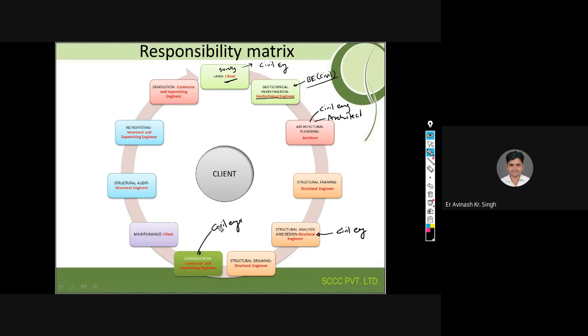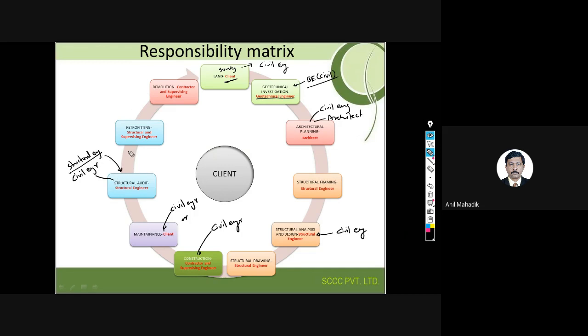Maintenance, there may be a civil engineer or there may not be. It depends what kind of maintenance activity is required. But yes, there is a possibility of civil engineers involved here also. Structural audit, structural engineer and civil engineer. He should know the structural engineering, which is very important. The person who is doing the structural design can do the structural audit.